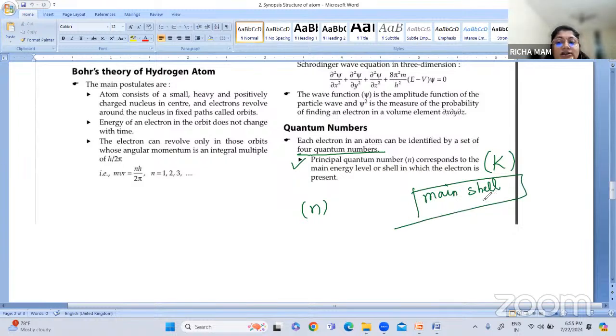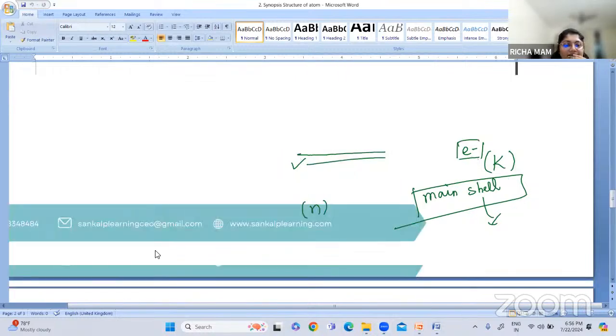Where the electron is staying is represented by the principal quantum number. This is about the principal quantum number, where the electron is staying.